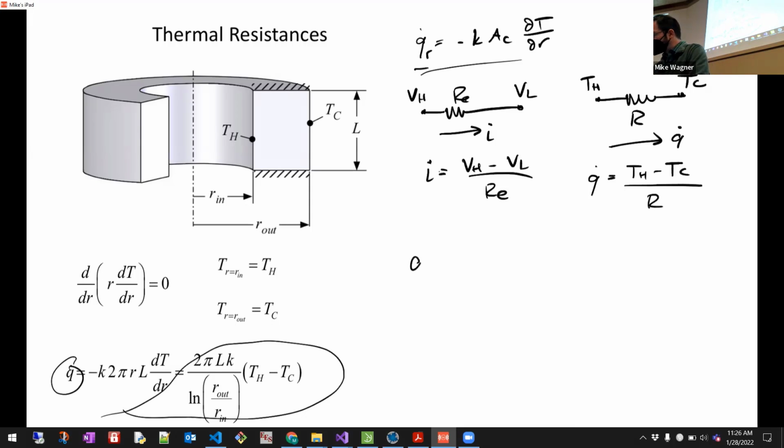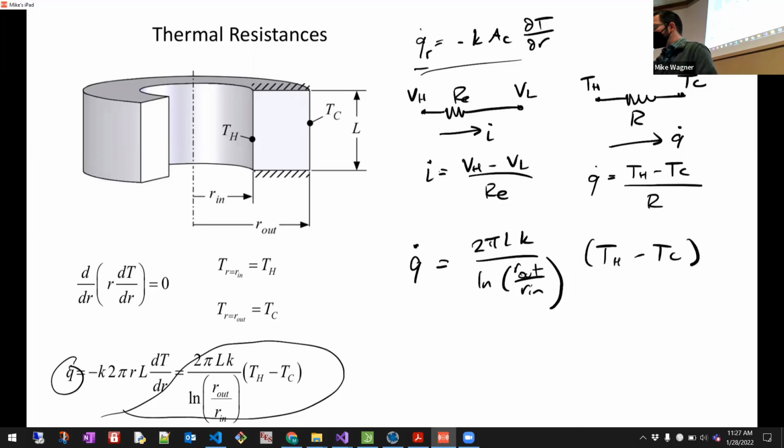Okay, so if we have Q dot, and our Q dot expression for this problem we solved for was what we see down here. It was 2 pi L K over ln of R out over R in times this potential TH minus TC. Then what are we calling the resistance in this?